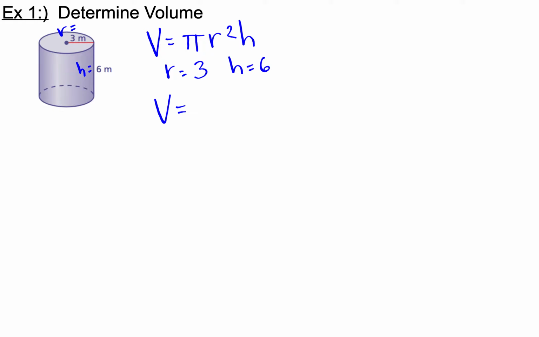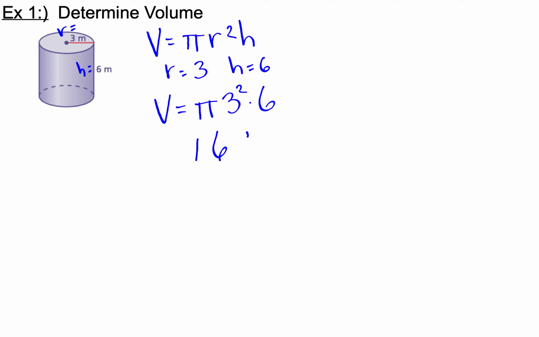Next, we would plug in these numbers: pi r squared H, where R is 3 and H is 6. Pi times 3 squared times 6. And then it's a matter of going to the calculator. If you don't have access to a calculator, you could use 3.14 for pi and long multiply all this out.